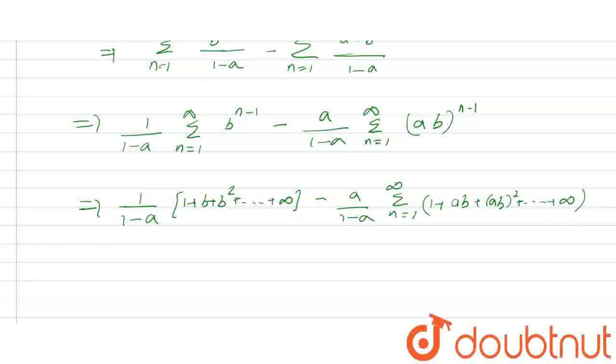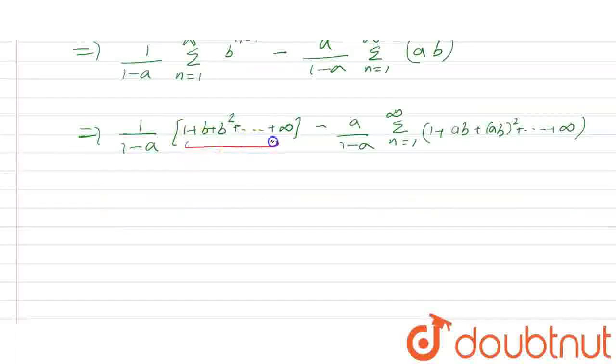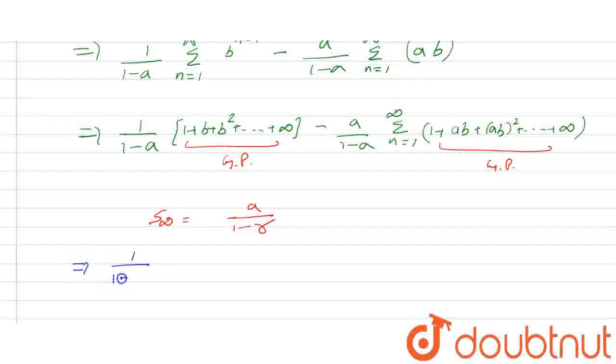We know both are geometric progressions. The sum of an infinite GP is a upon (1 - r), where a is the first term and r is the common ratio. So the first one becomes 1 upon (1 - a) into 1 upon (1 - b), where the common ratio is b, minus a upon (1 - a) multiplied by 1 upon (1 - ab), where the common ratio is ab.